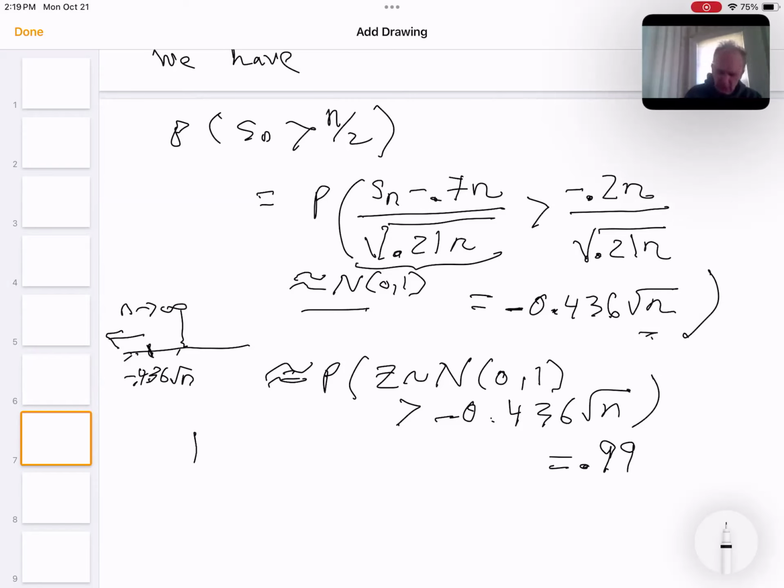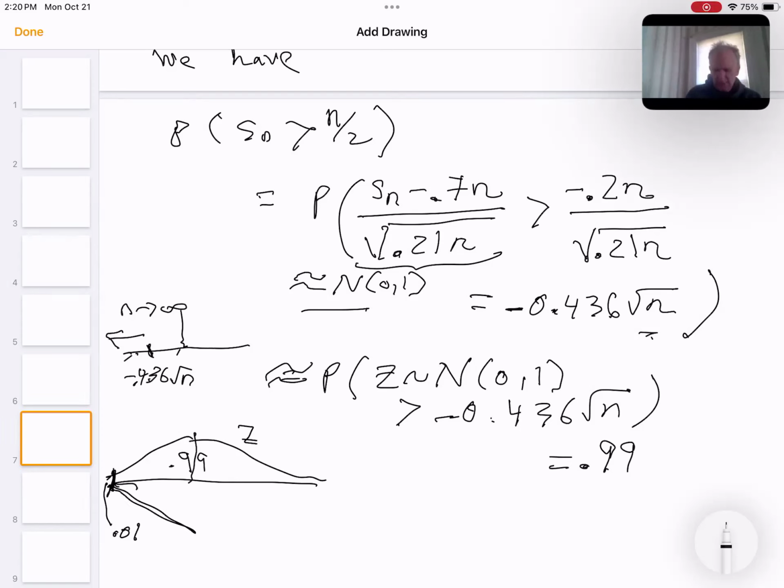If you look at the standard normal, at some point over here there is this value where it's 0.01 over here, and it's 0.99 for the rest of it. So I need to know what this value is.